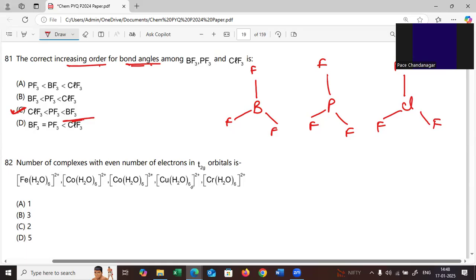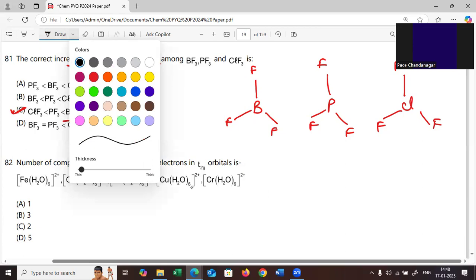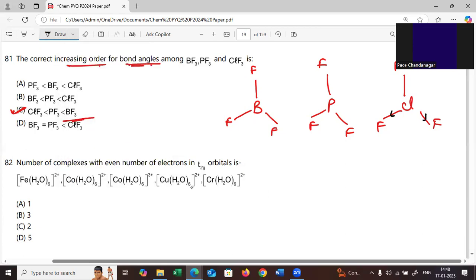Because fluorine is more electronegative, it will draw the electrons towards itself more efficiently. Remember one thing: if the electrons come close to the central atom, there will be repulsions and the bond angles will expand.